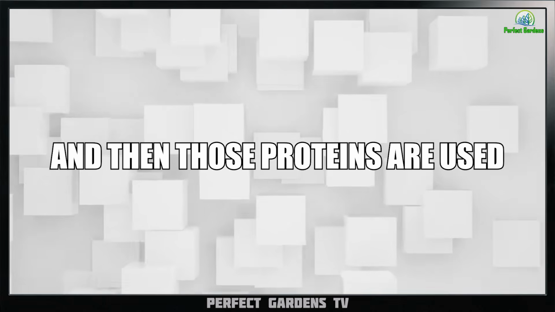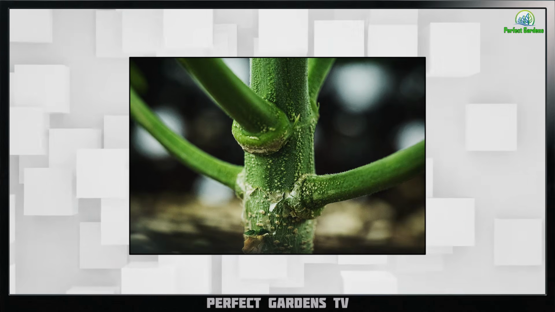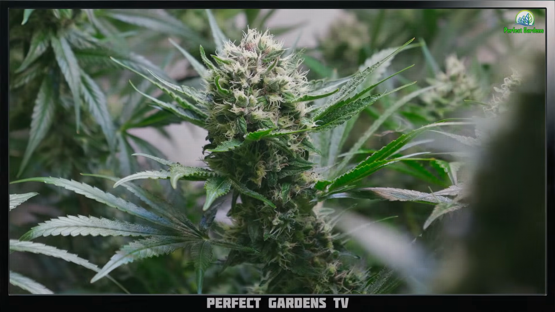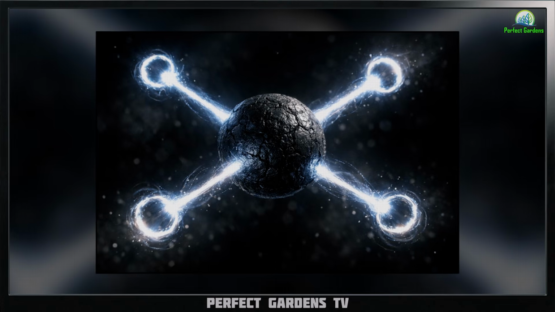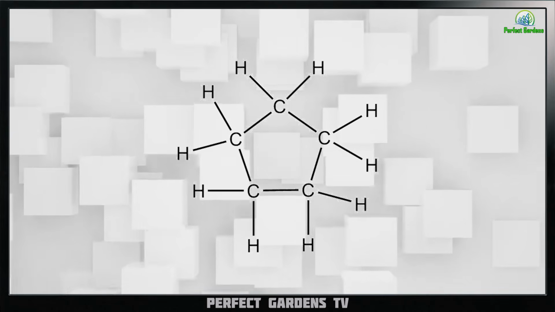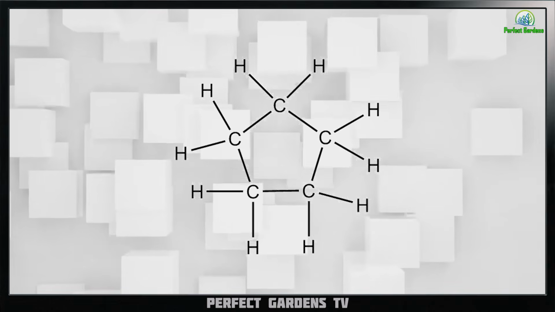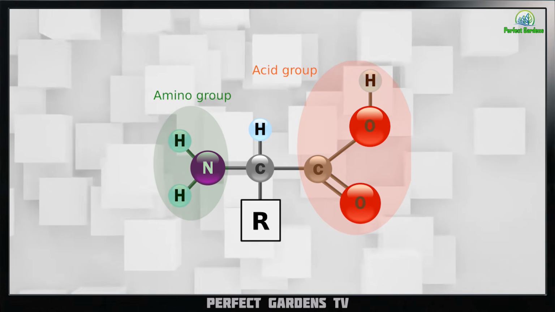And then those proteins are used to create the cell walls, the stems, the leaf, the flowers, the roots, and so on. So the reason why is the carbon has 4 sites that can attach itself to other carbons, or it could attach itself directly to amino acids.